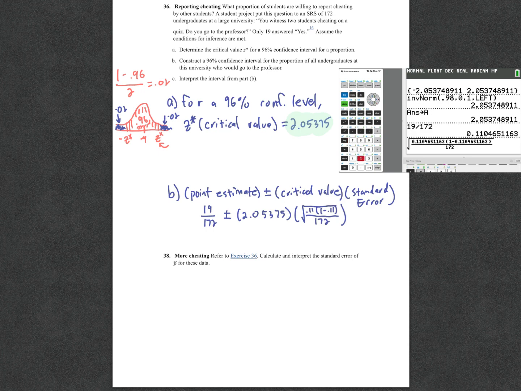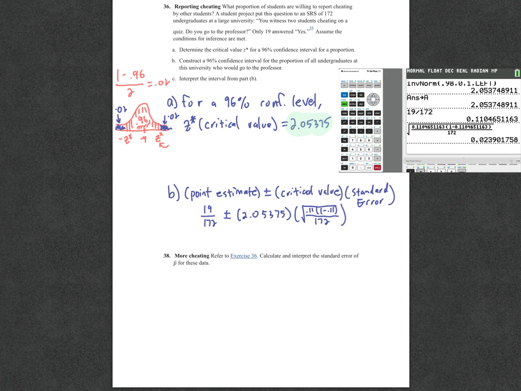So this will be our standard error. Now to do our confidence interval, we'll go up and get that p hat, which is 0.11. I'm going to do the minus first, and then we'll do the plus.